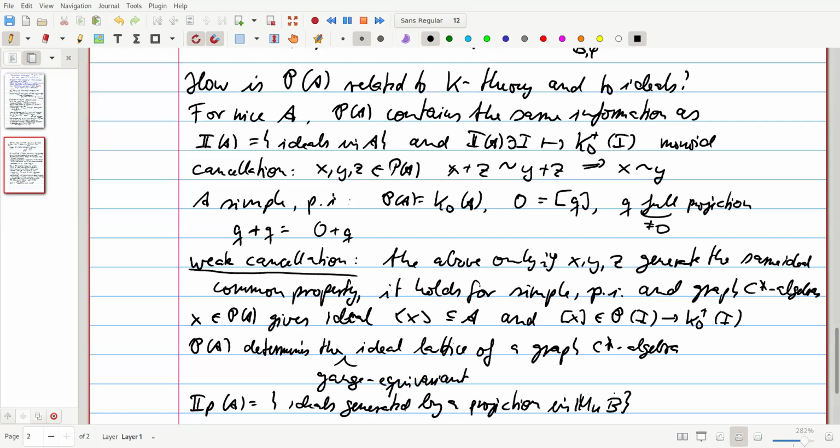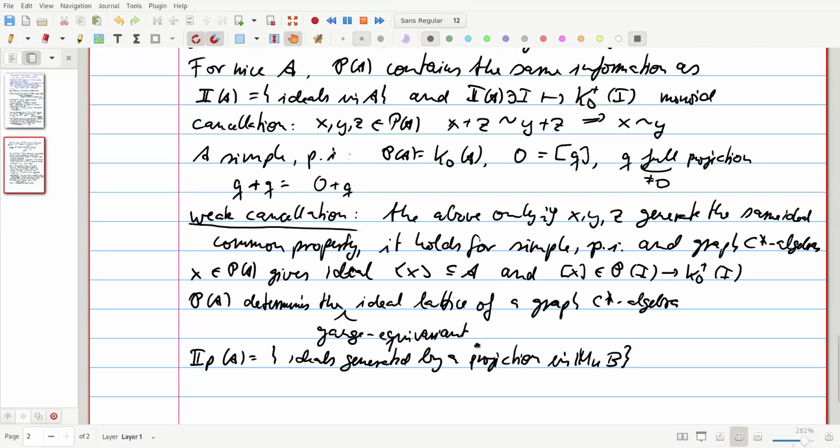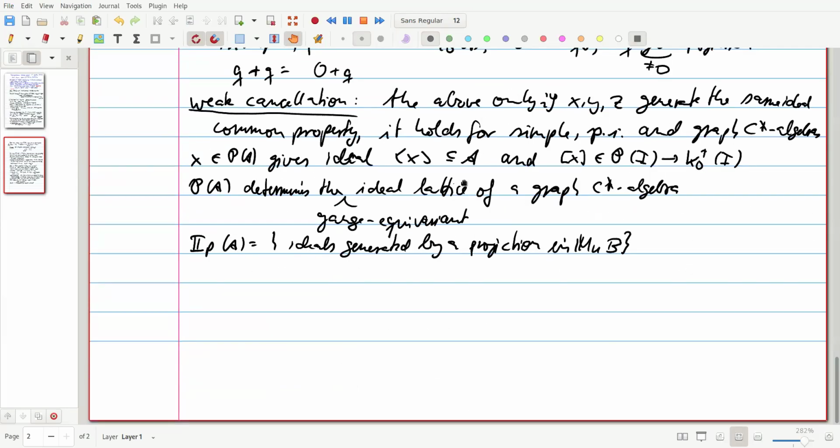And if you think about a graph C-star algebra, then these ideals are exactly the gauge equivariant ideals. Wait a moment, that's again not quite true.